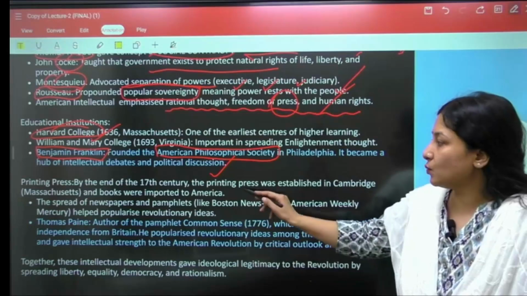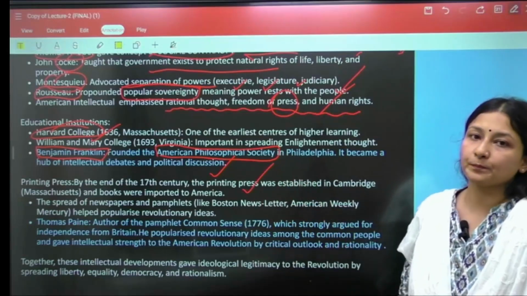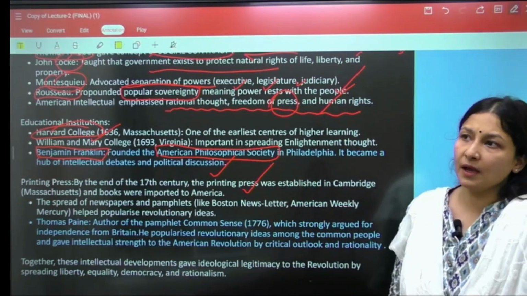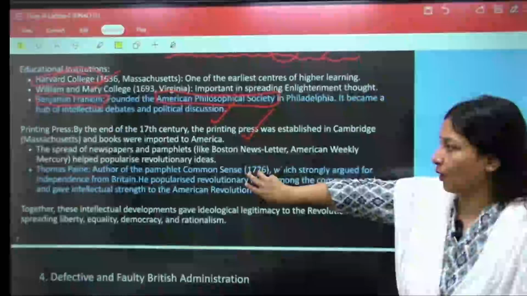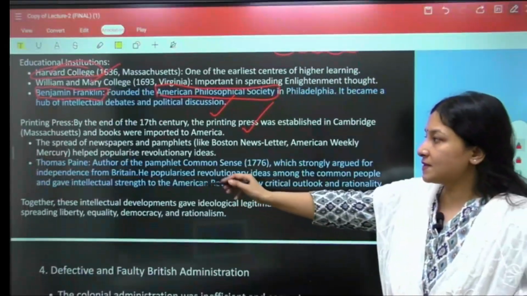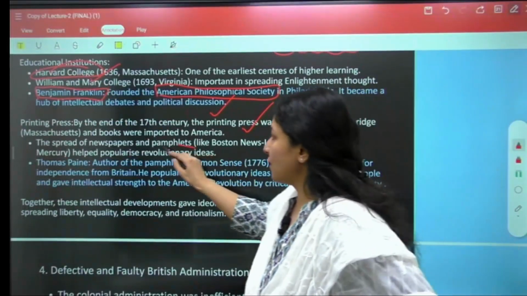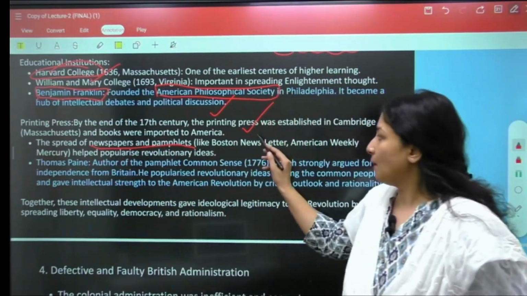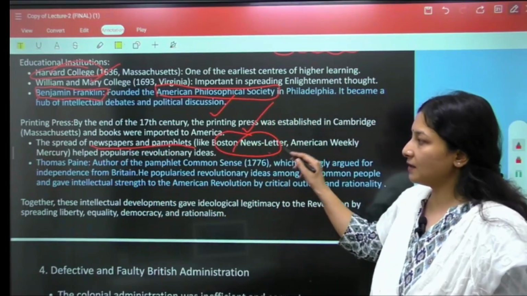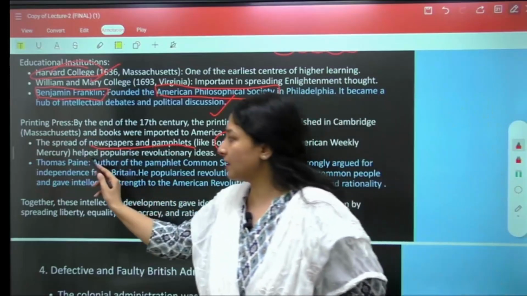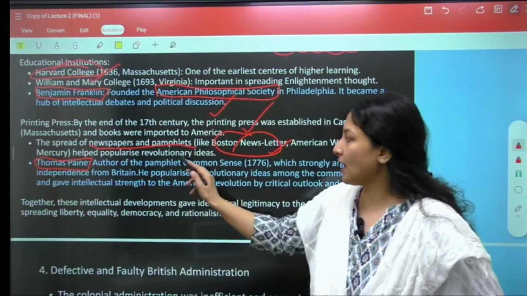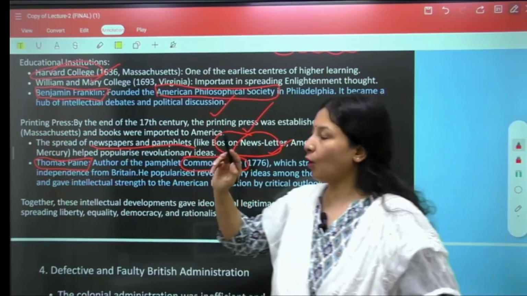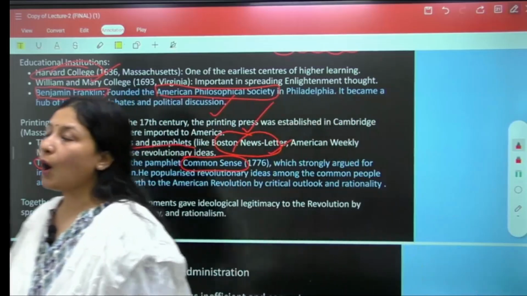Apart from this, we see that by 17th century, it was the printing press which had spread the ideas all throughout. Also, there were certain pamphlets and the newspapers, right? Boston Newsletter, American Weekly, but what you have to remember is Thomas Paine. Thomas Paine is known as author of a pamphlet, Common Sense.